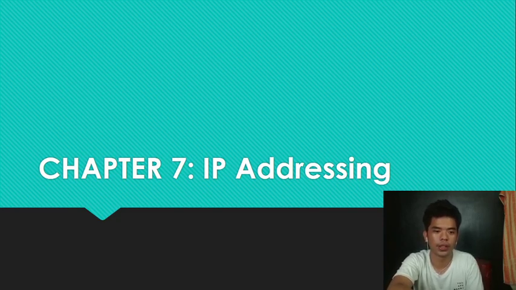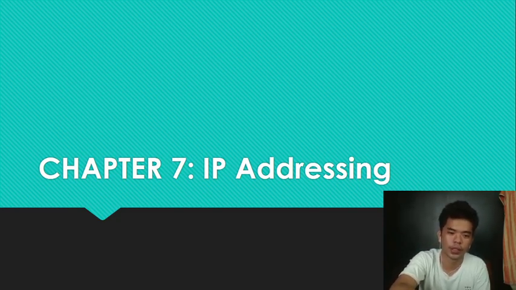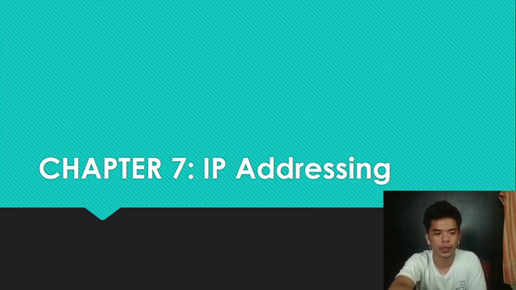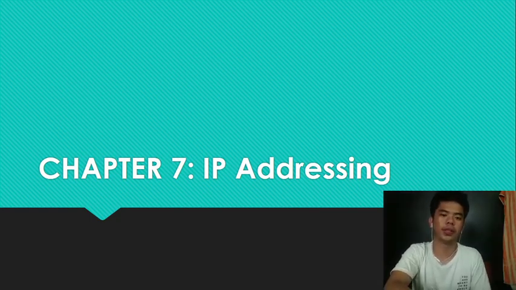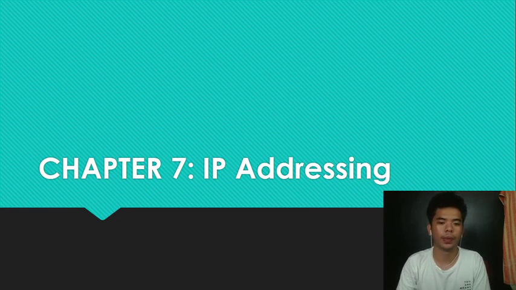The types of IPv6 addresses are unicast, multicast, and anycast. So IPv6 length, IPv6 types, and IPv6 unicast addresses. IPv6 global unicast is similar to a public IPv4 address.